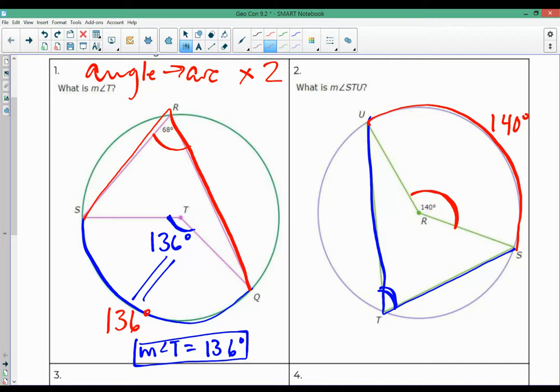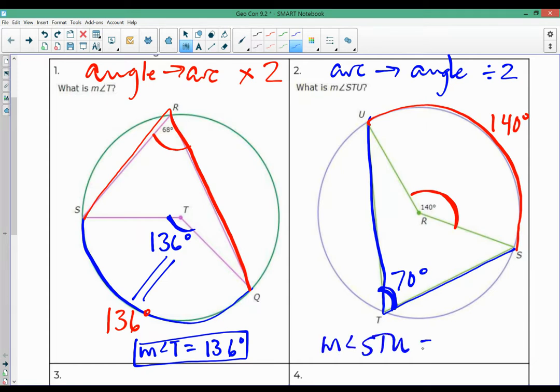But I want to find the measure of the central angle right here. So if I'm going from arc to angle, I have to divide by 2. So that's what's different this time. And this is all when it's inscribed. So I do 140 divided by 2 and get 70. So the measure of angle STU is 70 degrees.